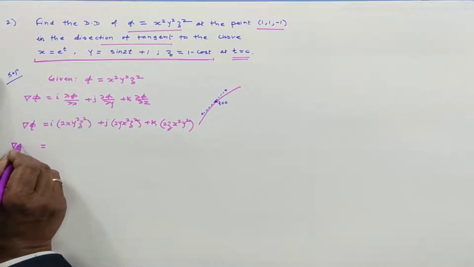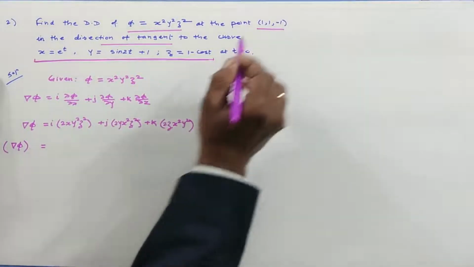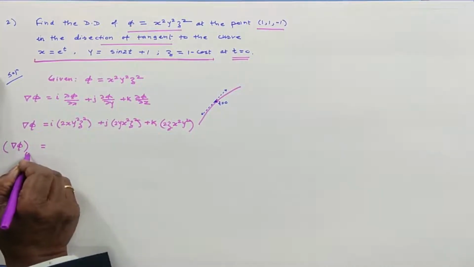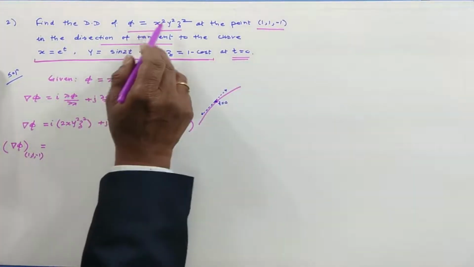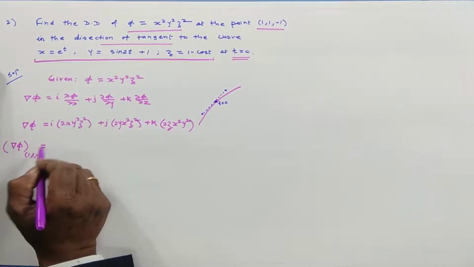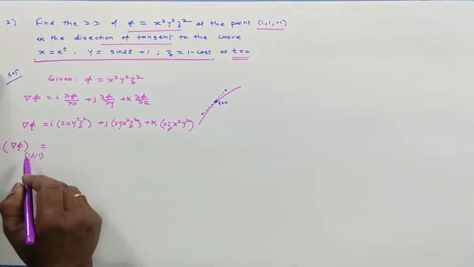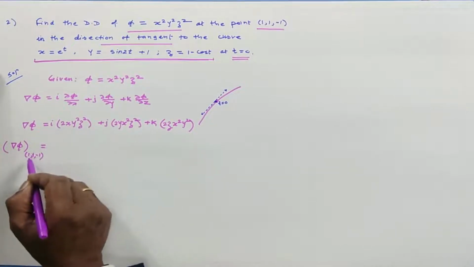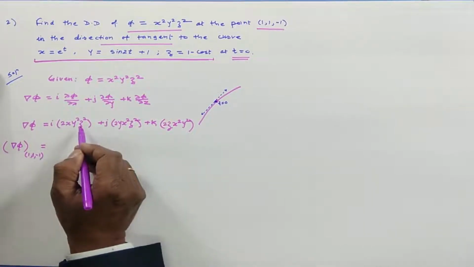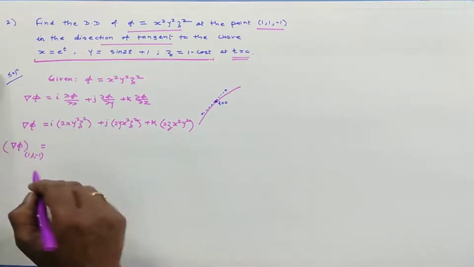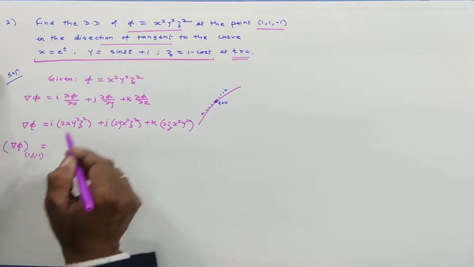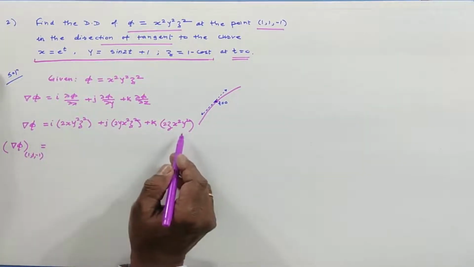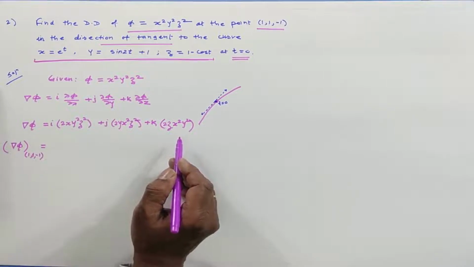Now the gradient of phi at 1, 1, minus 1, because we want the directional derivative at this point of this surface. So at this point we want the gradient of phi. What to do? Put x equal to 1, y equal to 1 and z equal to minus 1. Once again, I repeat, x equal to 1, y equal to 1 and z equal to minus 1 we have to substitute, and calculate the value.